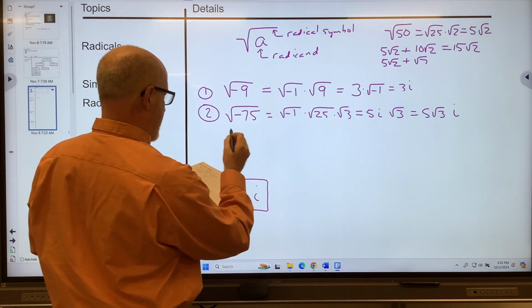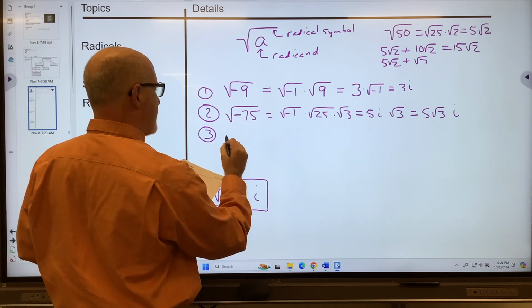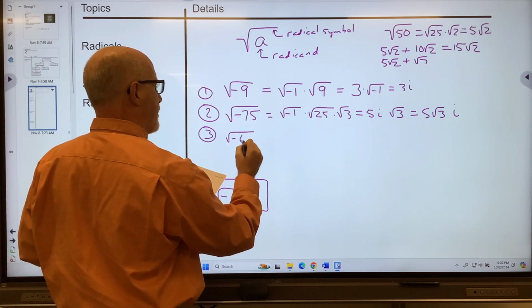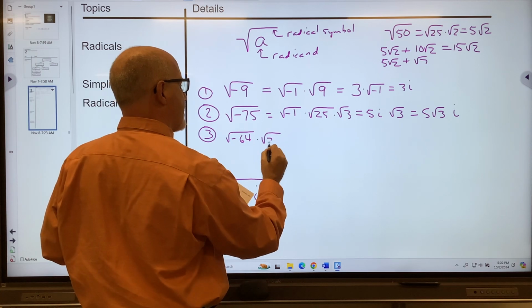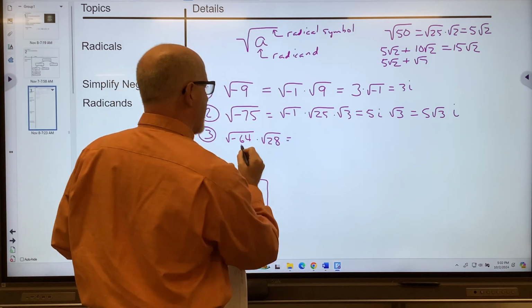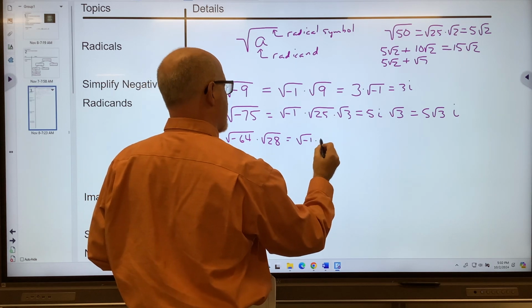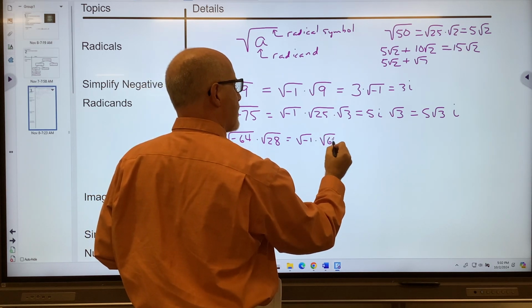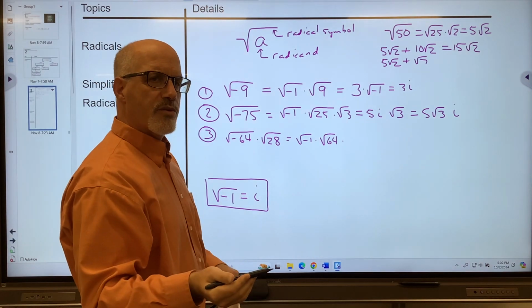All right, last one, let's try doing the square root of -64 times the square root of 28. All right, we're going to make this one into the square root of -1 times the square root of 64. We know the square root of 64. Square root of 28, what perfect square goes into 28?